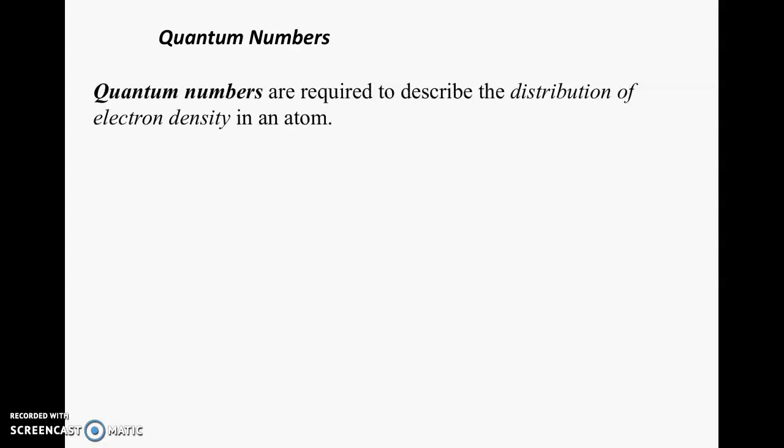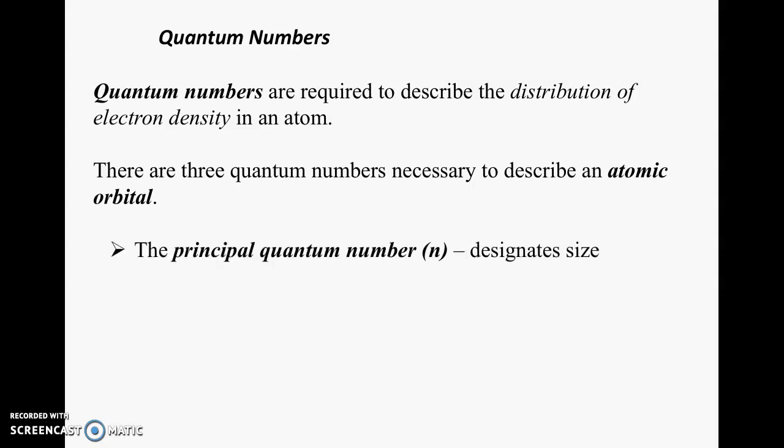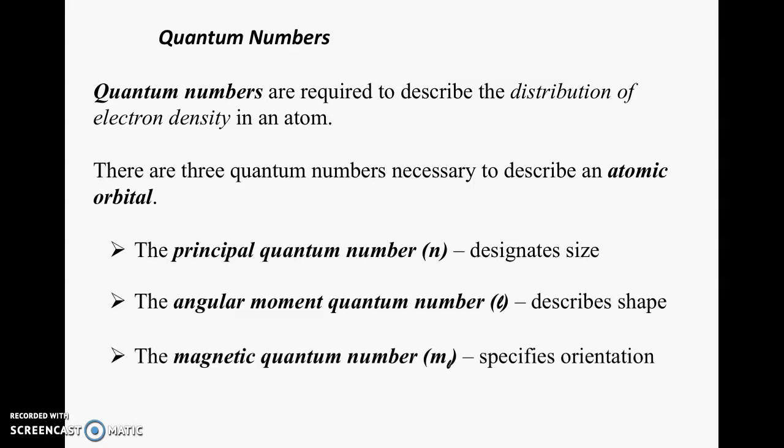And so in solving Schrodinger's equation, you get these solutions, and we call them quantum numbers, and they describe this electron distribution. The quantum numbers are necessary to describe the atomic orbitals, and there are three of them. The principal quantum number, n, designates the size.